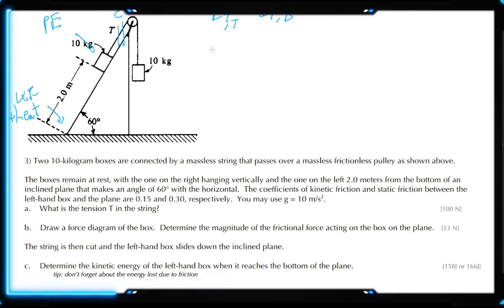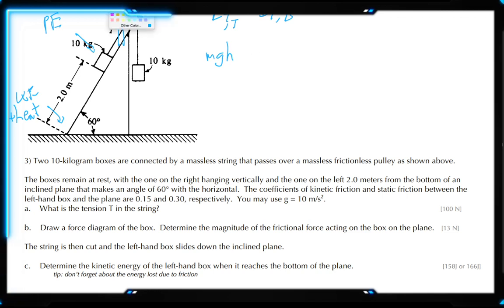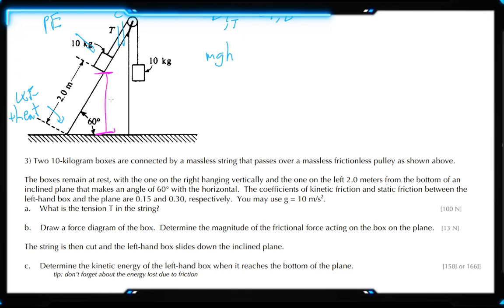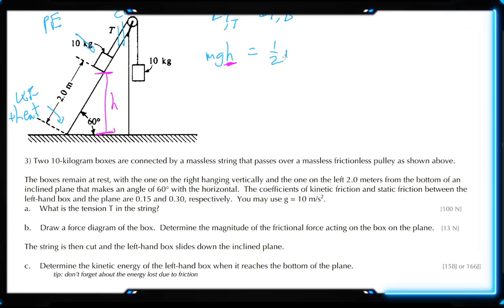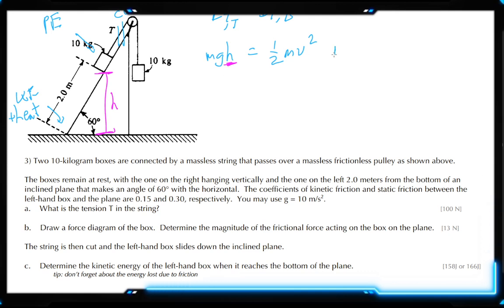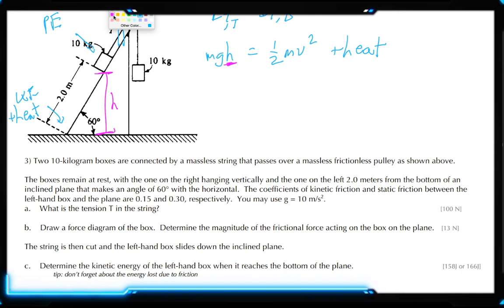So the total top energy is mgh, where h is the height. At the bottom it becomes kinetic energy, but as it falls, it also creates heat. So some of this energy at the beginning becomes heat. Think about heat as being the work done by friction.